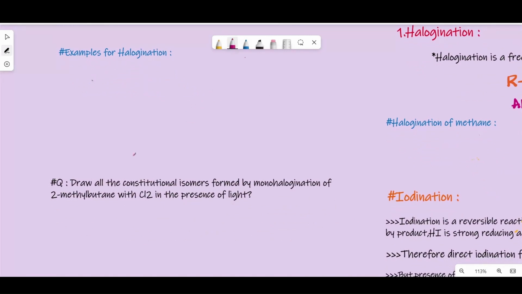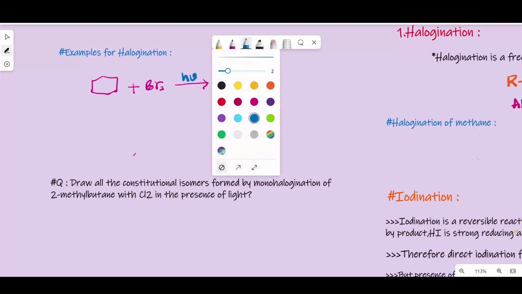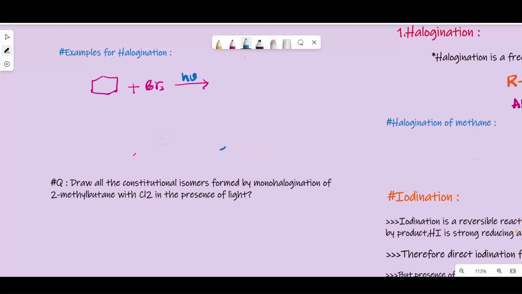You take cyclohexane plus Br2 in the presence of h nu and heat. You will get this as product. Let's see this question.